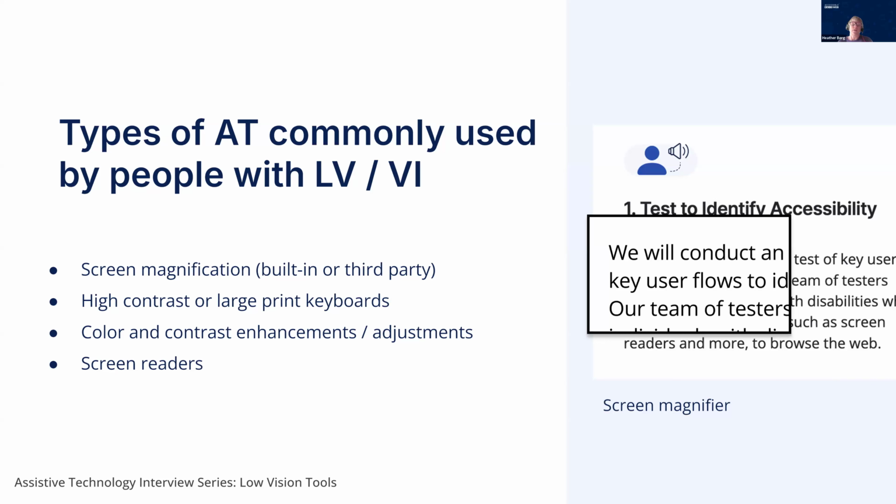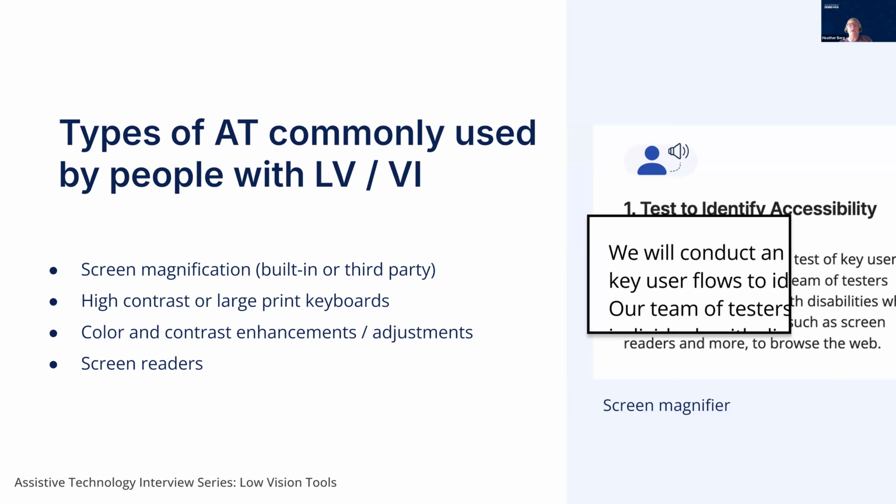And then lastly, screen readers or text-to-speech. So if you were here last week, we talked a lot about screen readers. And there are sort of lighter versions that provide some text-to-speech as well.